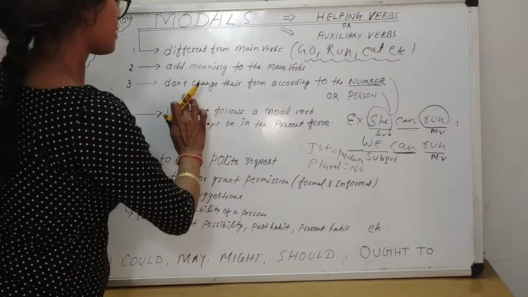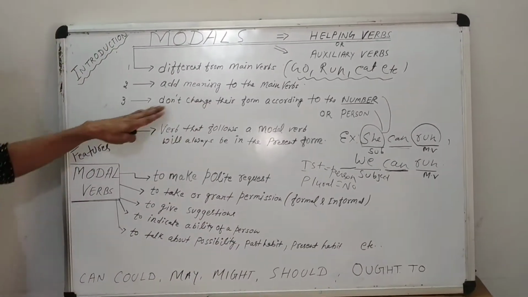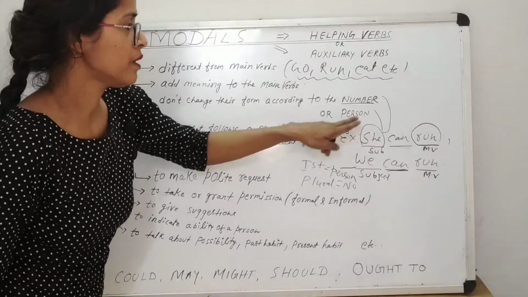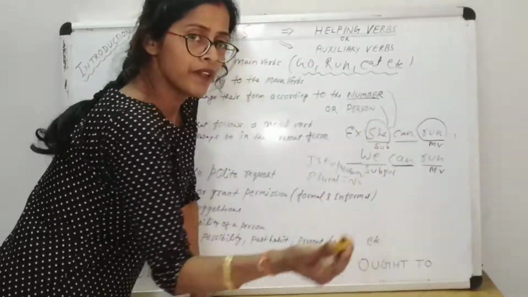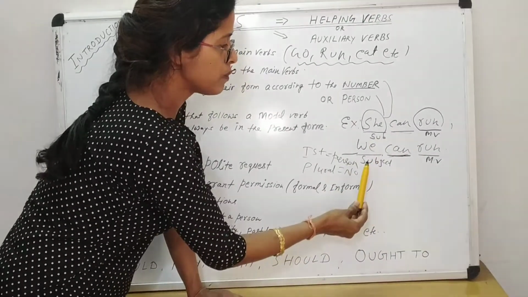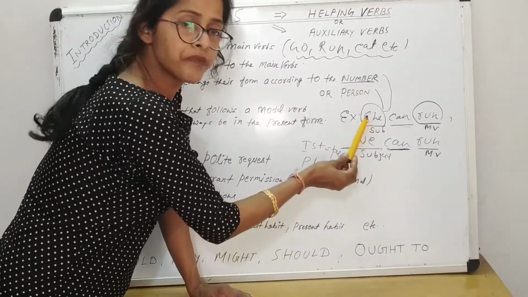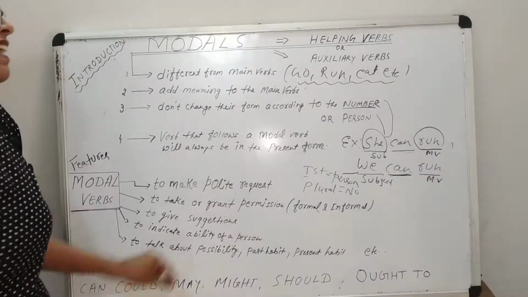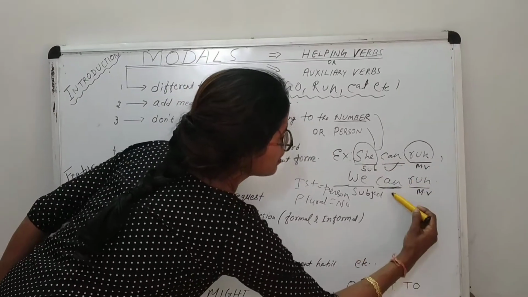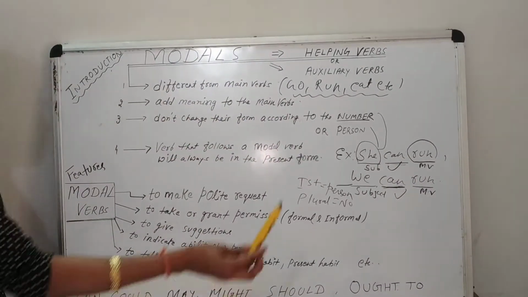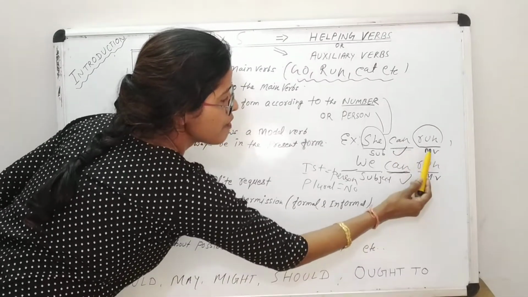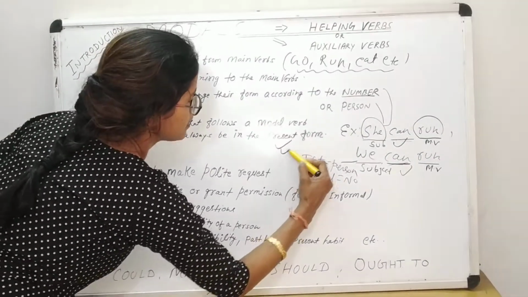So, understand again, modal verbs do not change their form according to the number or person. Whether your subject is singular or plural, whether your subject is third person or first person, the modal verb will remain as it is in both the cases. And also remember, the main verb that follows a modal verb will always be written in present form.